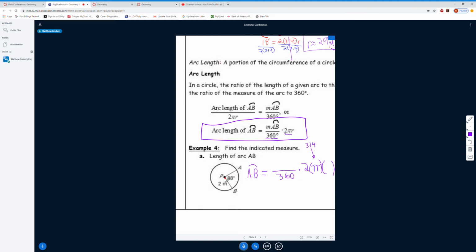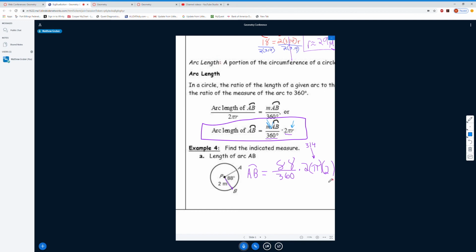What's the radius of this circle? That's 2. And if this central angle is 88, that means the degree measure of the arc is 88. So all we really needed to do was plug in here and here. It looks like a crazy complicated formula, but most of it stays the same: 360, 2, and pi. It just becomes a calculator problem.